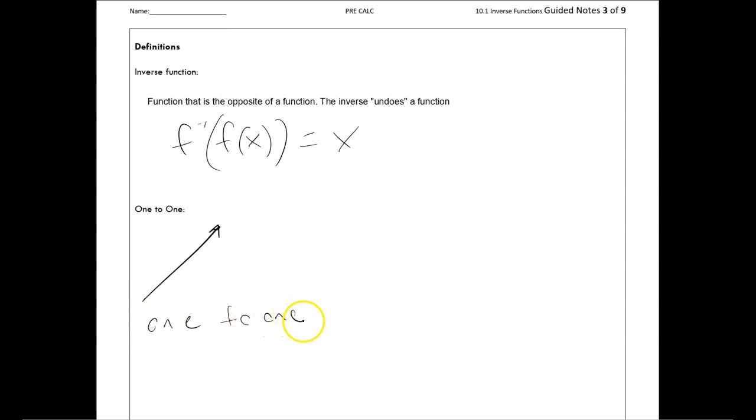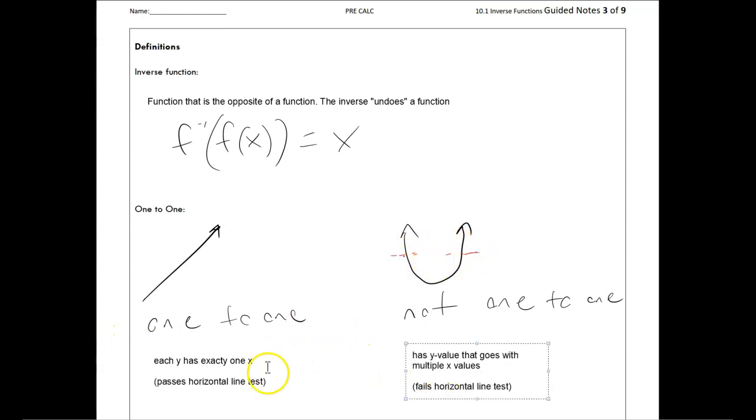This function is one-to-one, whereas our parabola is not one-to-one. The reason it's not one-to-one is because I can draw a horizontal line that touches more than one part of the graph. So a given y goes with more than one x. We talked about a vertical line test earlier. Here we have a horizontal line test. And the rest of this lesson is really going to be about investigating the relationship between these two ideas.